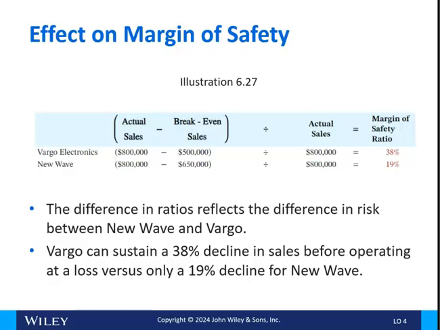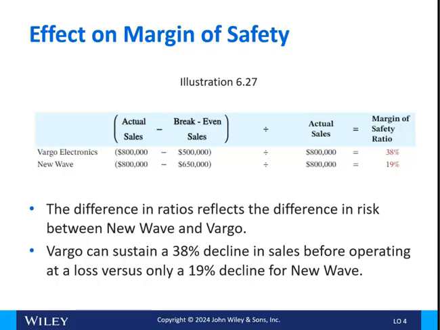So if we look at safety margin, which gives us actual sales minus break-even sales divided by actual sales, the margin of safety ratio is 38% for Vargo, 19% for New Wave. The difference in ratios reflects the difference in risk between New Wave and Vargo.